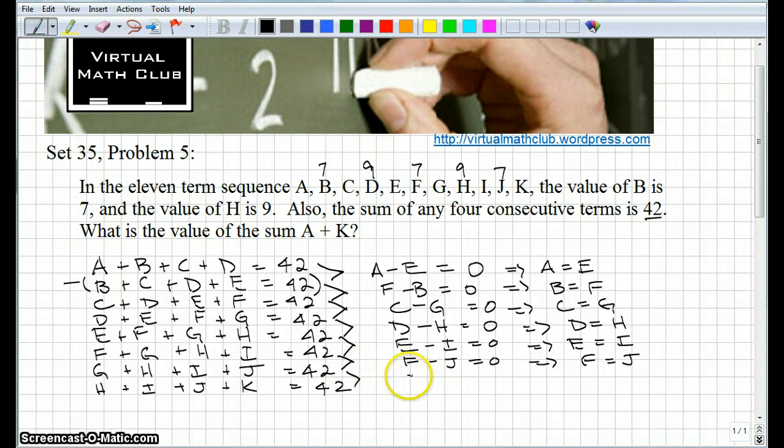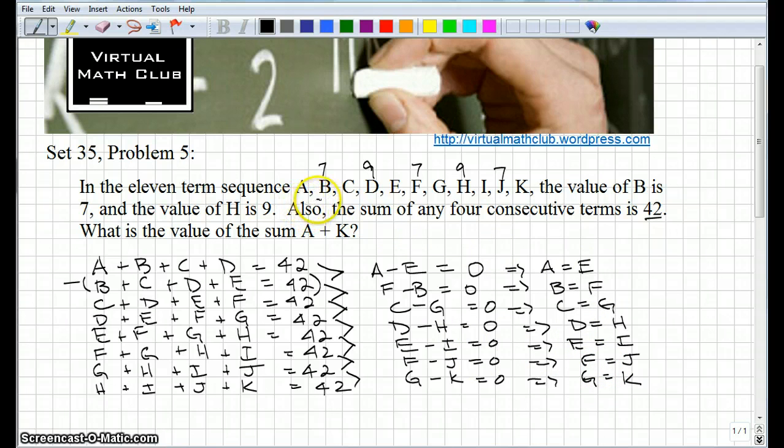That gives us that G minus K is equal to 0, and so G is equal to K. So we have this series here.